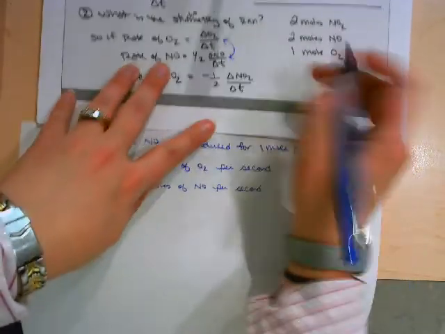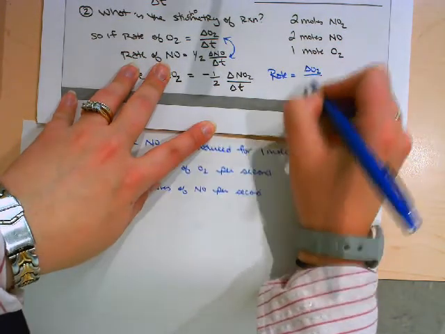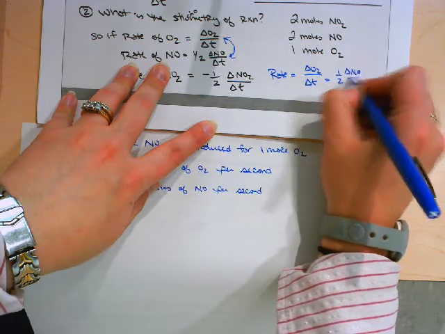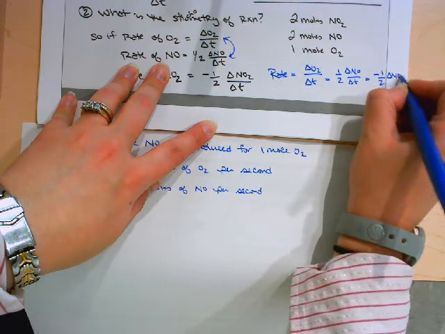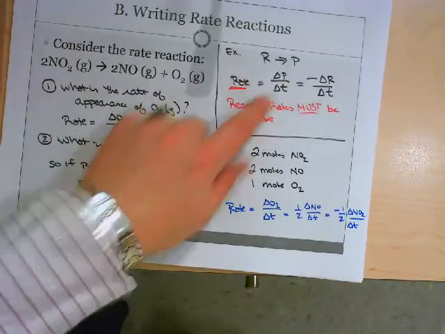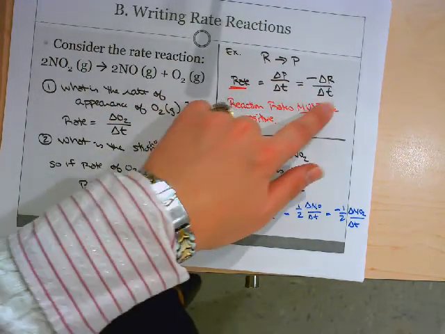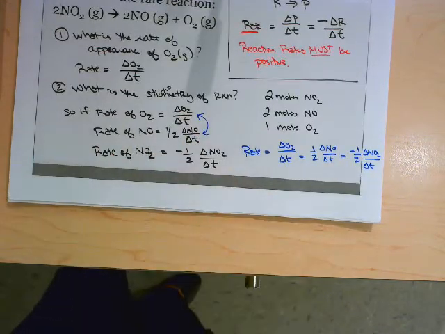They'll be equal down here, where the rate equals delta O2 over delta T equals 1/2 delta NO over delta T equals negative 1/2 delta NO2 over delta T. Up here, as the products get made, the reactants disappear: equal and opposite signs. That must be true if I'm doing a bigger reaction.